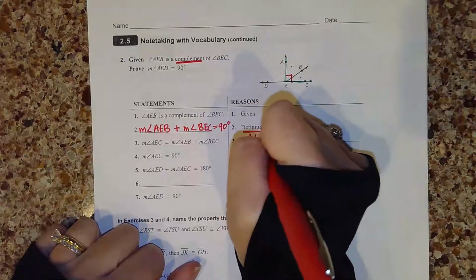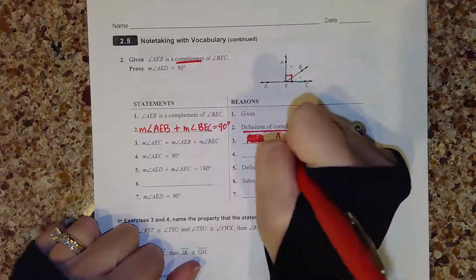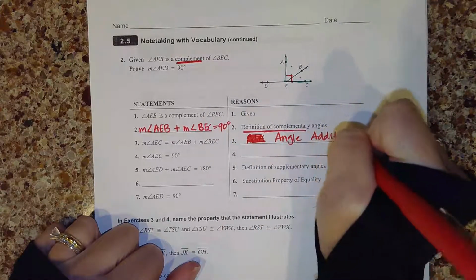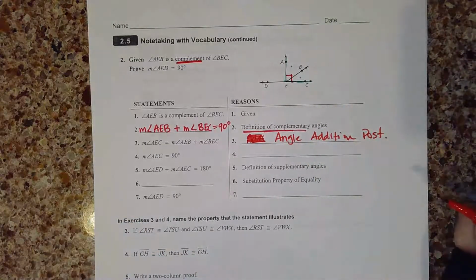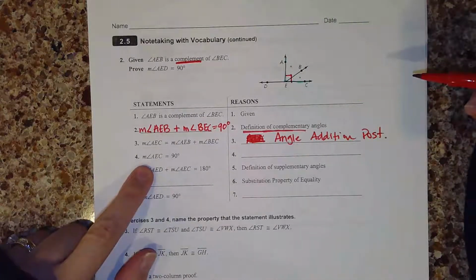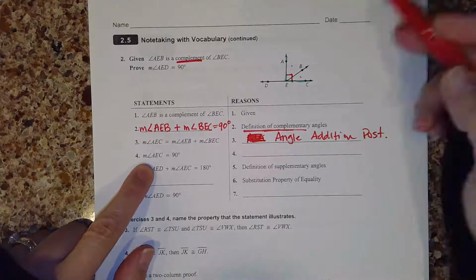Remember how we did the segment addition postulate? The angle addition postulate basically says these two angles added together equal the whole angle. All right, AEC equals 90.